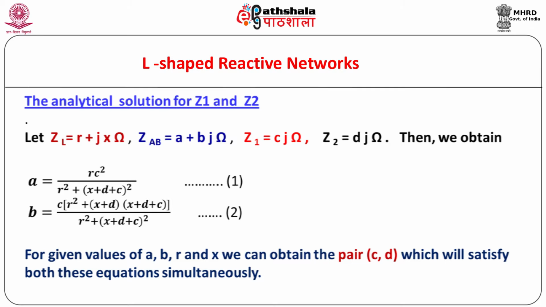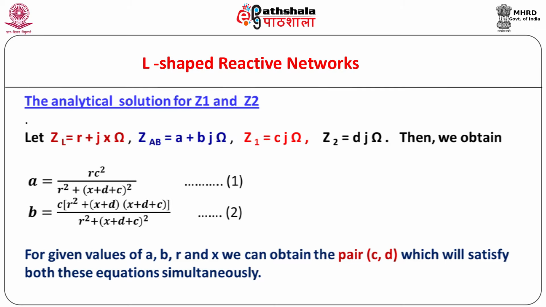Let ZL is equal to R plus jX, ZAB is equal to A plus Bj, and Z1 is equal to Cj and Z2 is equal to Dj ohm. Then we can derive the following relations between A, B, C, D, R and X as shown.